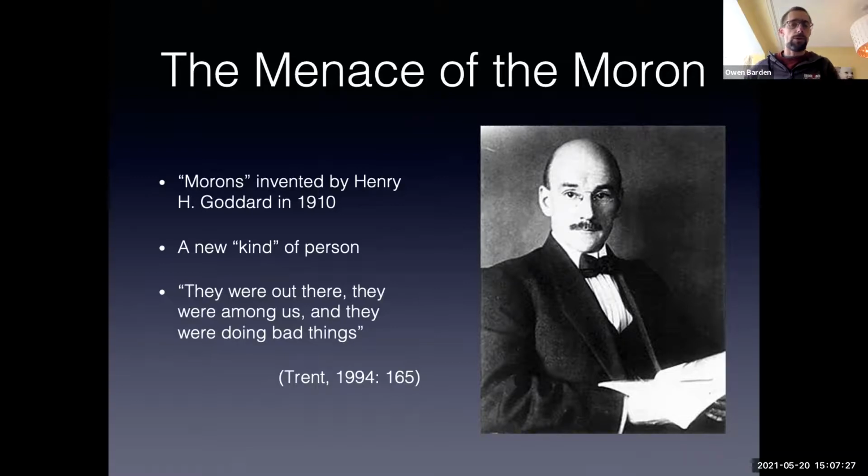So the word moron he got from the old Greek word moros, which means dull. Similar to the word we still have now, morose, when you're a bit mopey and Eeyore-like. So that's where the category and the word moron comes from. And this new kind of person was thought to be out there, and they were thought to be a menace to society. So this is how they were defined.